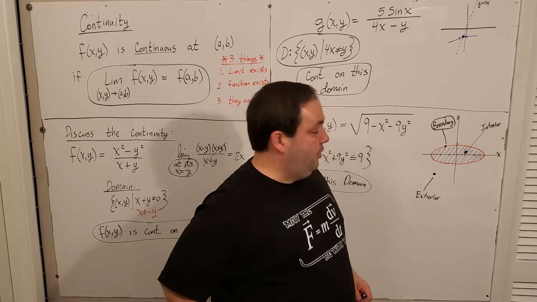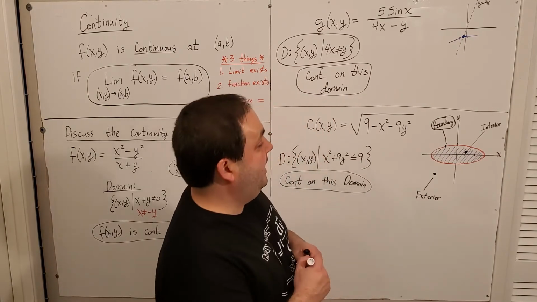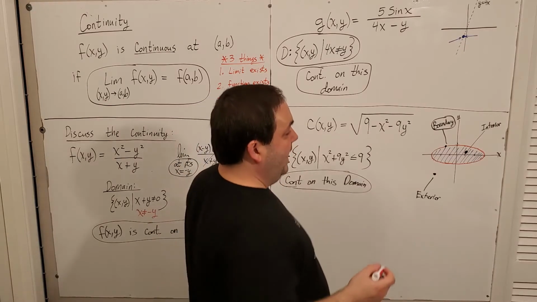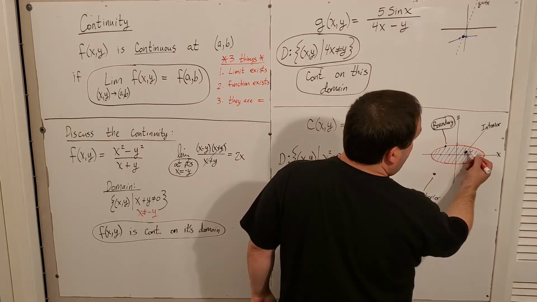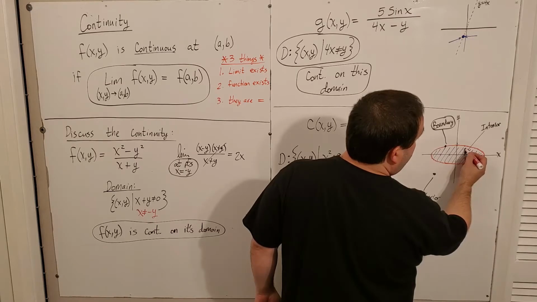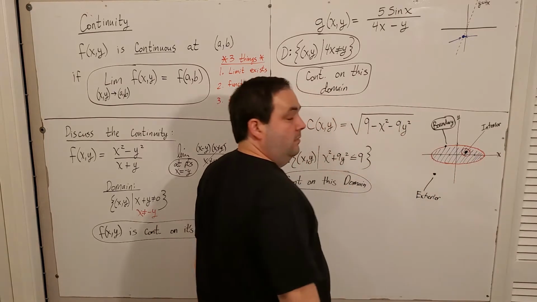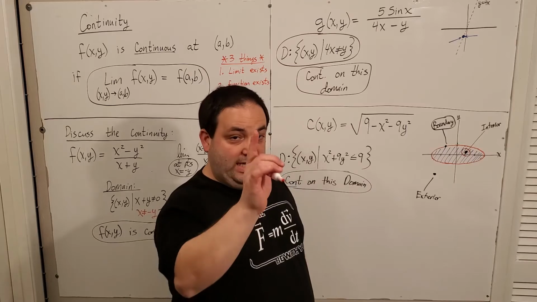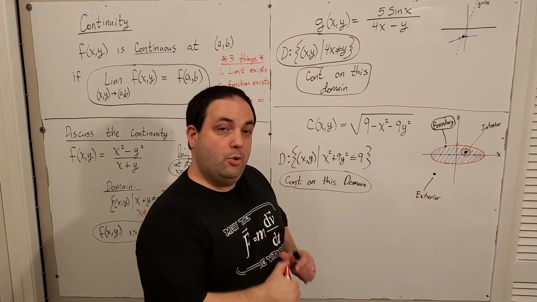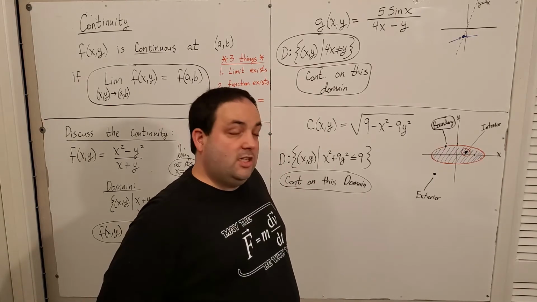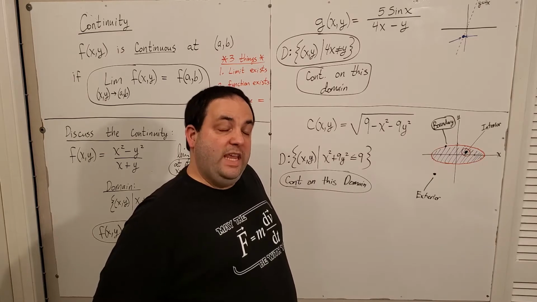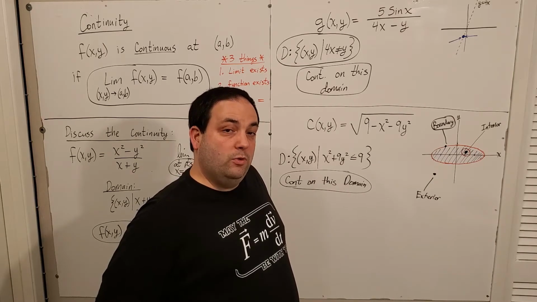In the interior points, I can draw a circle at some point, a neighborhood around it. I can draw at least one circle, a neighborhood around an interior point that is completely contained inside of the set we're talking about.